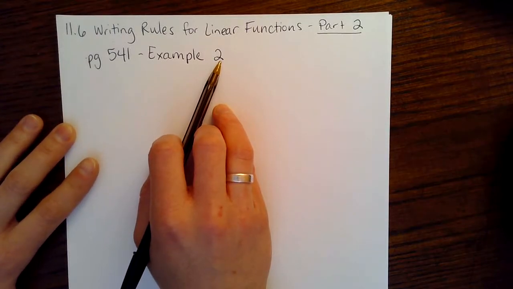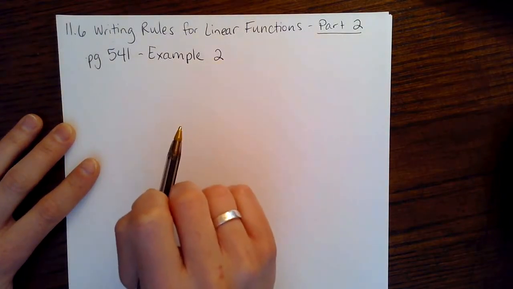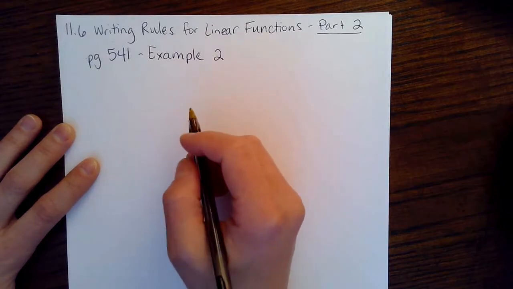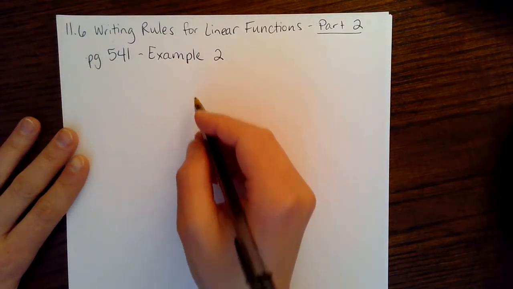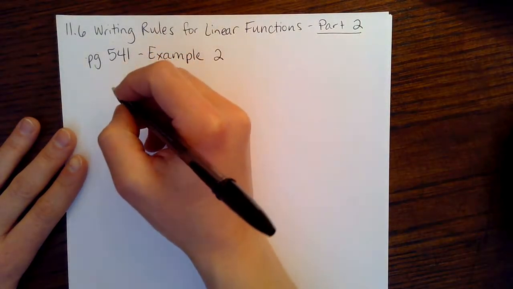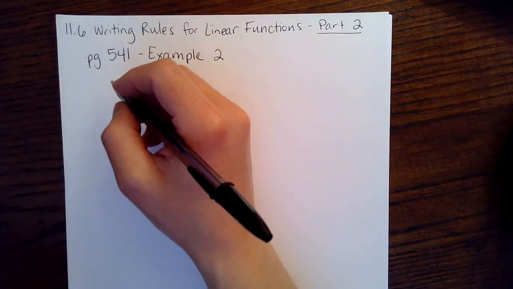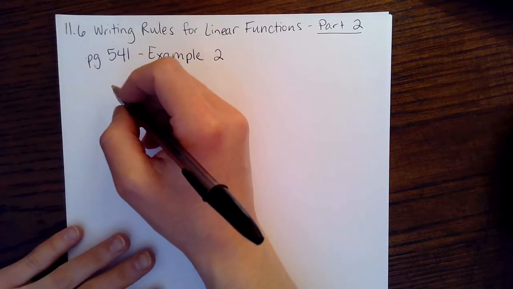So we're looking at a table that has x values and y values. And the first thing we need to know is, is this a linear function? A linear function has the same change in output over change in input each time.